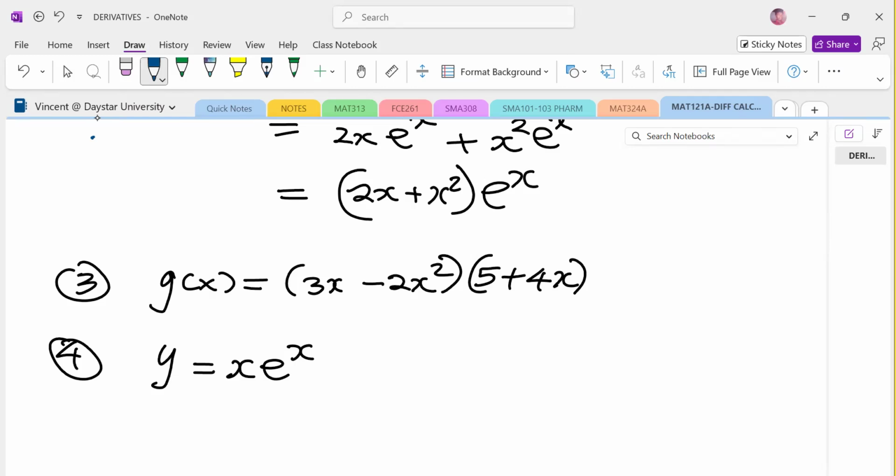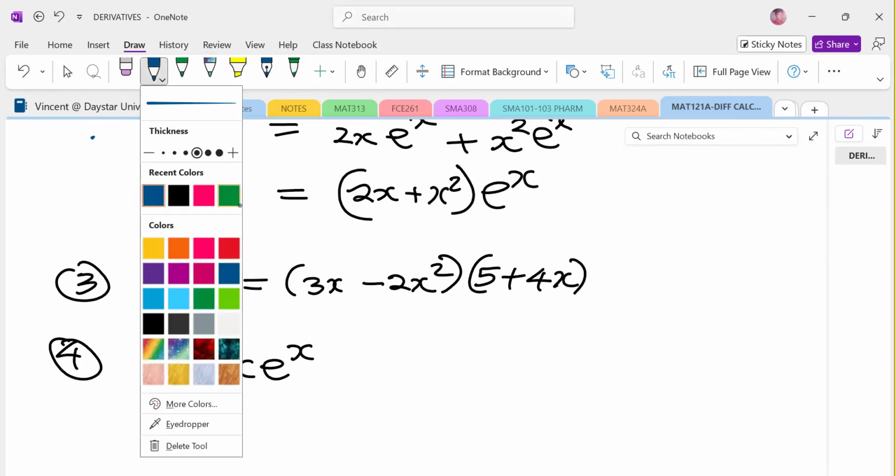Again, we have different answers. Anyone with a different answer? Yes, that's the correct answer. Minus 24x squared plus 4x plus 15. If you work out correctly, that should be the correct answer.